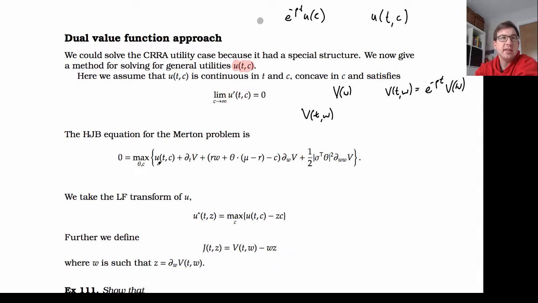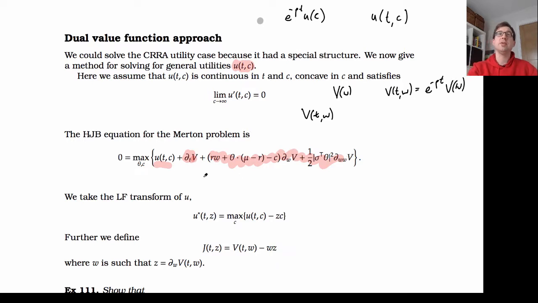We have the instantaneous utility, okay? Then we have something that accounts for discount, partial derivative of v with respect to t, okay? That's where a normal discount factor would be. And then the drift term that I would get from Ito's formula, okay? So this form is essentially the same as before: instantaneous cost, rate of discount, and then the drift term from Ito's formula.